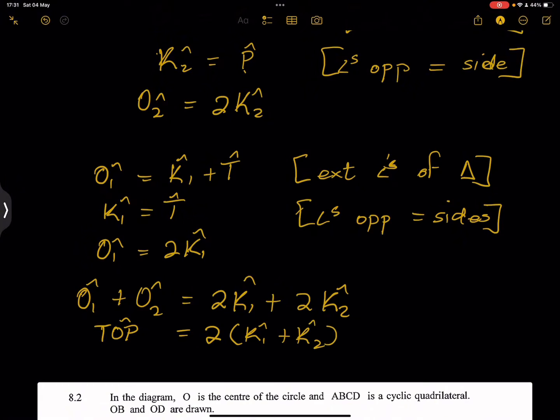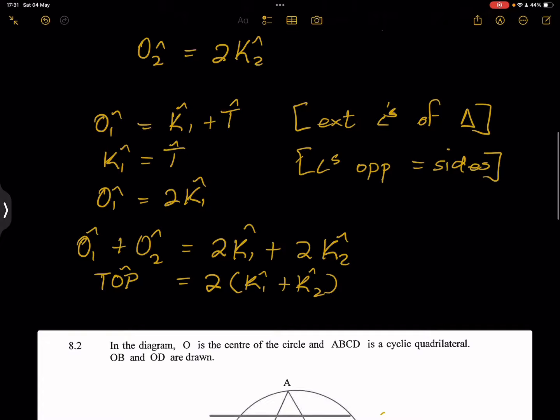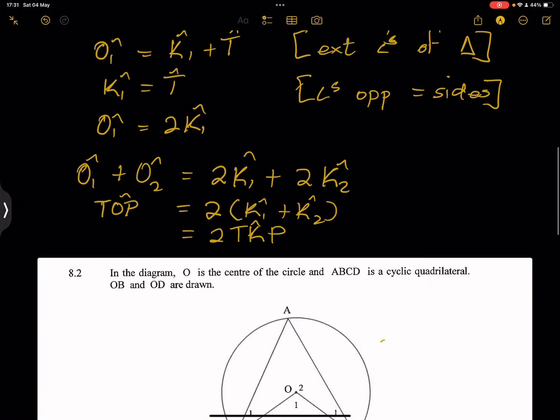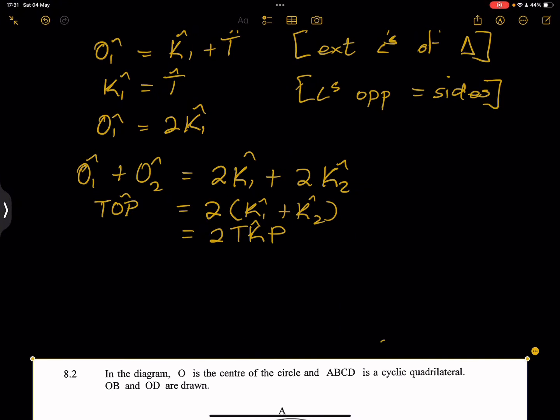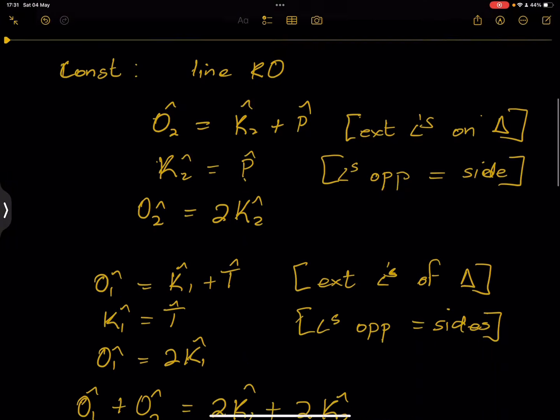And K1 plus K2 is TKP. So therefore, this is equal to 2 times TKP. And there we have proven it, that the angle TOP is equal to 2 times TKP. Right, and that is why angle at center is twice angle at circumference. I hope that makes sense, ladies and gents.